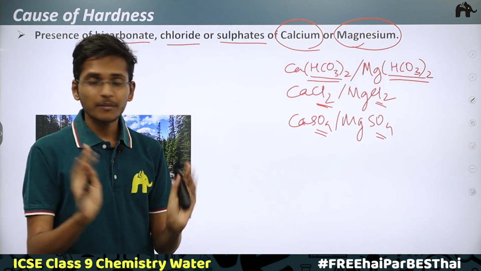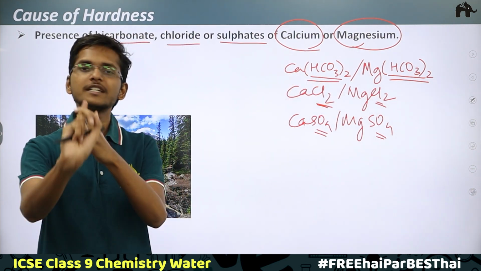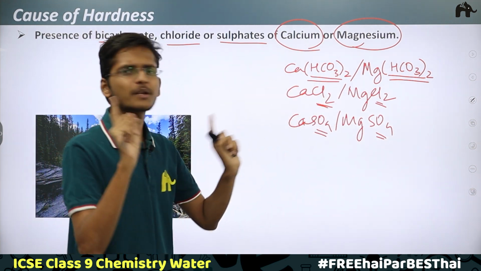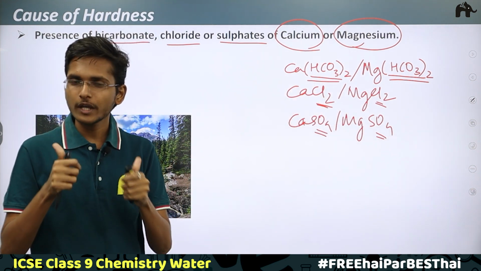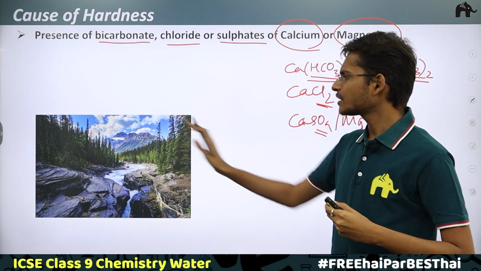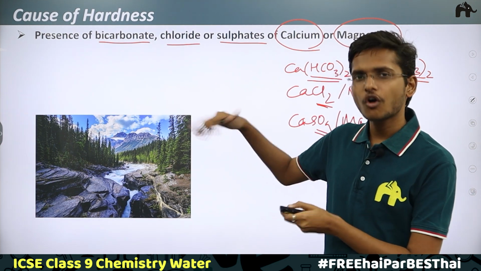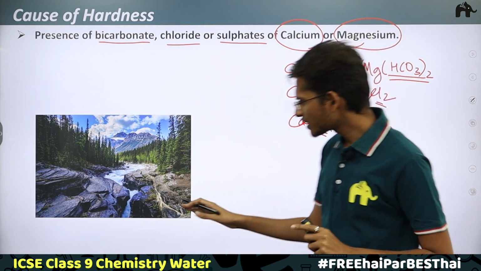But out of these 6 salts, nothing should be present in our water for it to be soft. If any of these is present, then it is hard water. I hope it is clear to you. So let me make you understand much more easily now. Suppose now where we can find this type of water, hard water or soft water. Let's see that. So suppose the river is flowing.